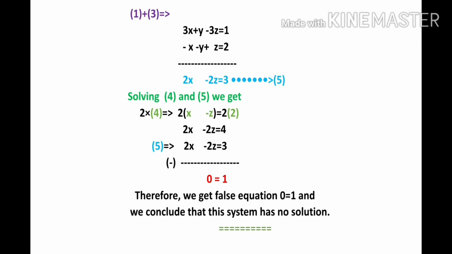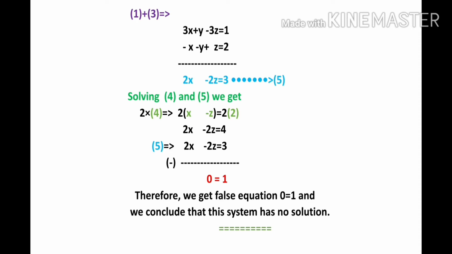Then minus 3z plus z is equal to minus 2z. This one, so minus 3 plus 1 is minus 2, that is minus 2z. Then 1 plus 2 is 3. We get an equation 2x minus 2z is equal to 3. Let it be equation 5.